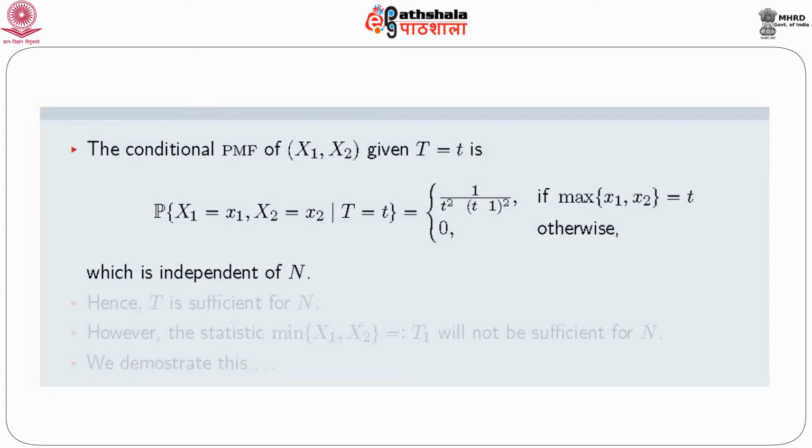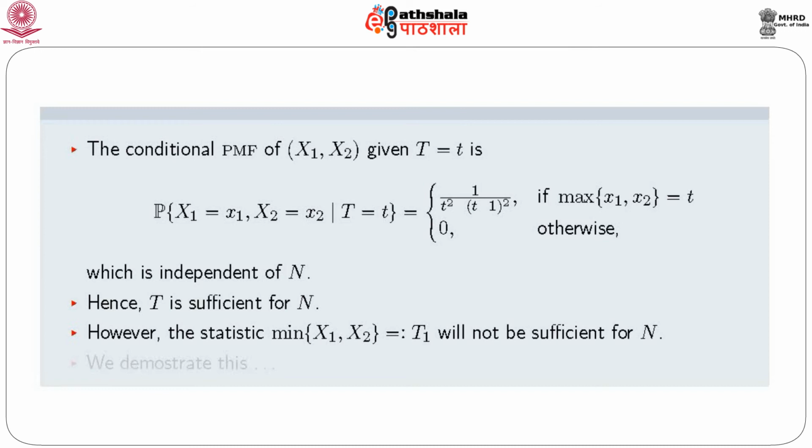This is probability X1 equals x1, X2 equals x2 divided by probability T equals t, when the maximum of x1, x2 equals t, and it boils down to 1 by t squared minus (t minus 1) whole squared when the max of x1, x2 equals t, and is 0 otherwise. We see that the conditional distribution of X1, X2 given T equals small t is independent of N, and hence T is sufficient for N.